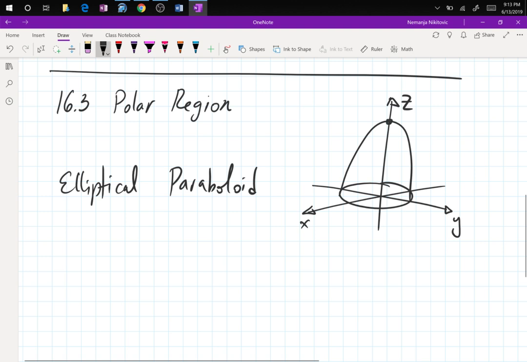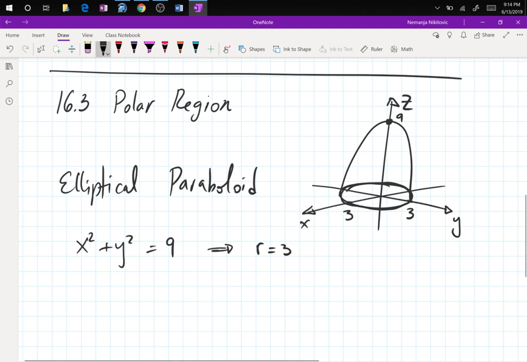Let's say it goes through, I don't know, 9, whatever. And then these are 3s. So elliptical paraboloid. You see, our base over here is a circle, and if it's a radius 3, we have x squared plus y squared equal to 9, but when you go into polar coordinates, the equation is simply r equals 3. That's really cool.